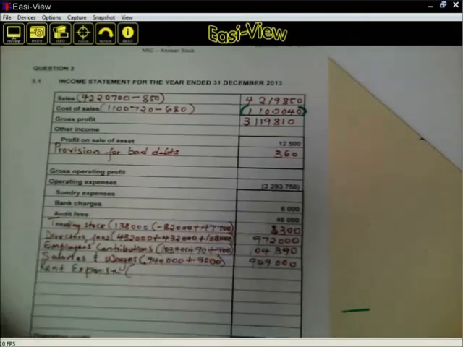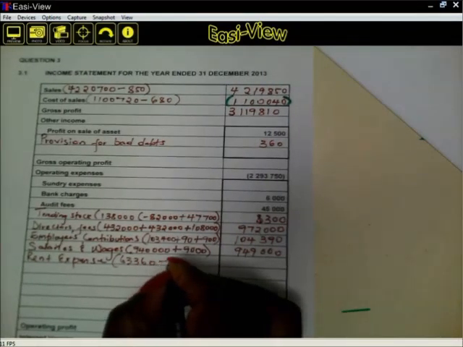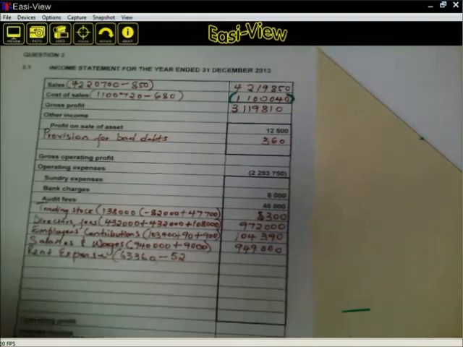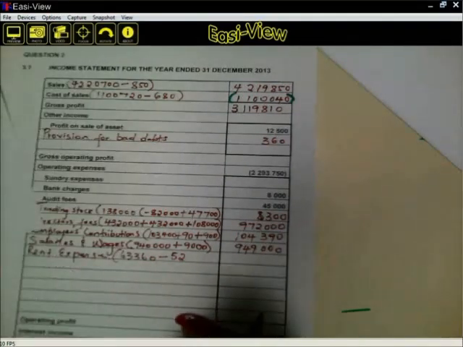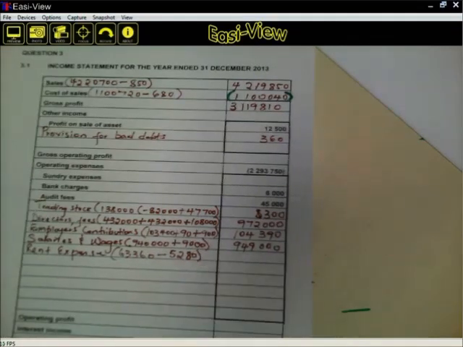We agreed it's 63,360. And then what do we do with this one? Minus, because it does not belong to the current financial year. Minus 5,280.